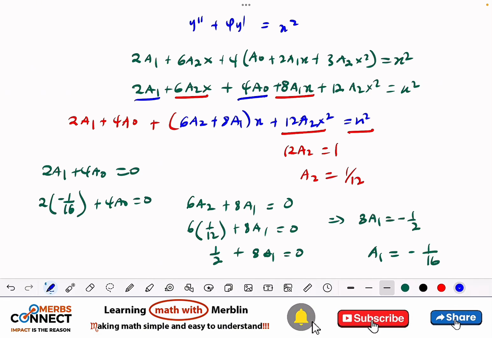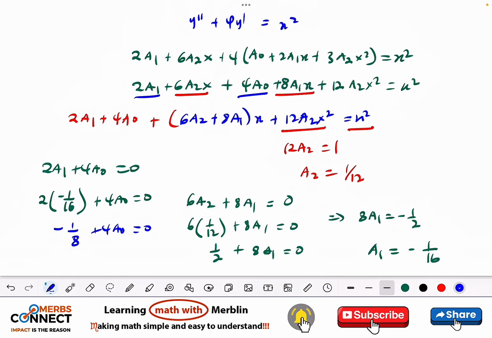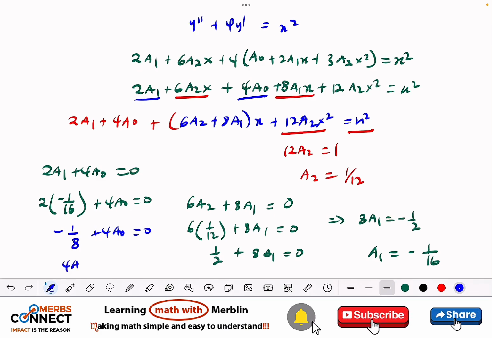So this is going to be minus 1 over 8, yes, plus 4a0 is equal to 0. So 4a0 will be equal to 1 over 8, and this implies that a0 is going to be 8 times 4, which is 32. So 1 divided by 32.